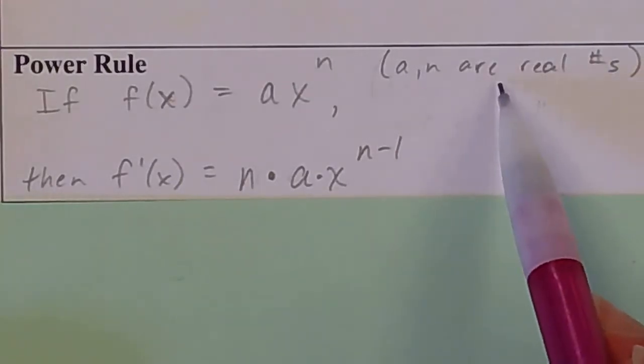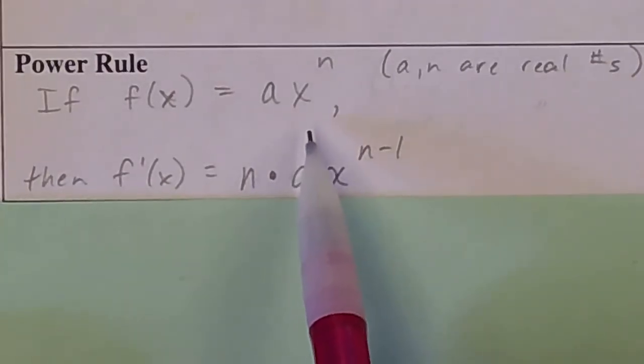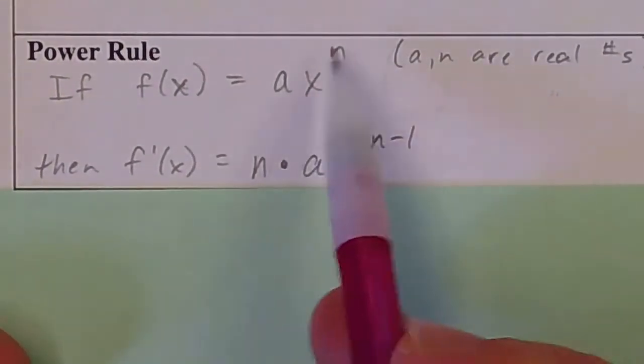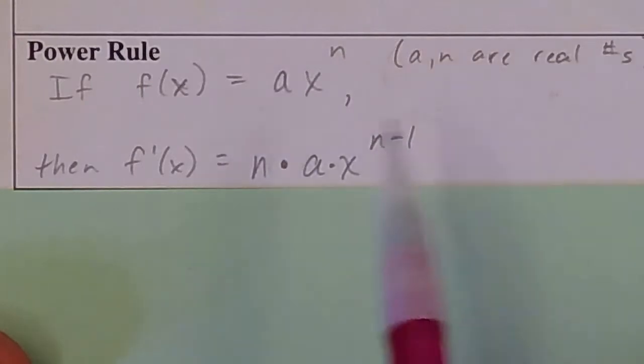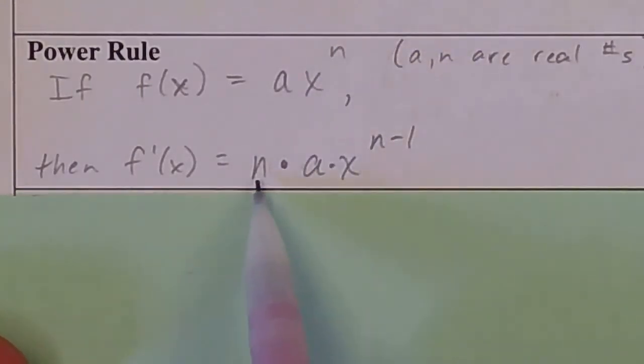This is the important part. Here's how you find the derivative of a single term. We take whatever the exponent is and bring it out front and multiply it by the coefficient that's there. Then we reduce the power by 1. We subtract 1 from whatever number that is. And that instantly gives us the derivative.